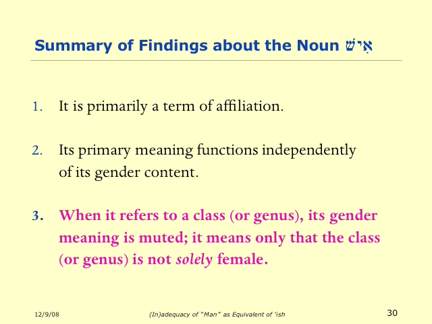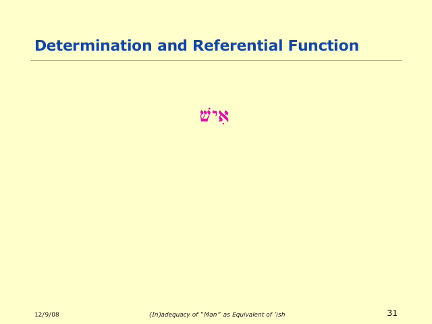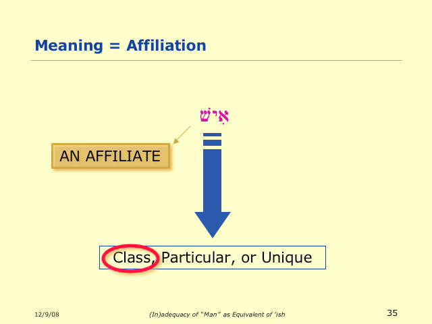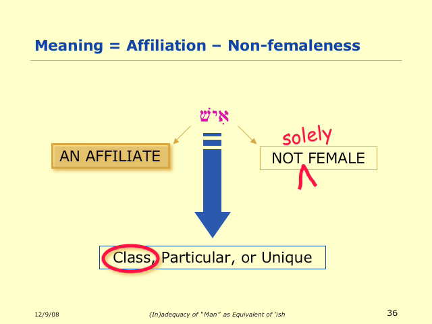The key to this last point is how the noun is employed in terms of its determination and its referential function. If the noun is definite and its reference is to a class rather than marking out what is particular or unique, then its primary meaning component is of course salient, whereas its gender meaning component is almost entirely suppressed.